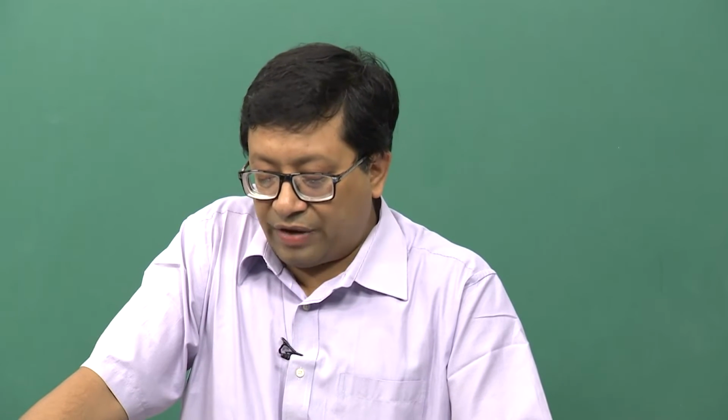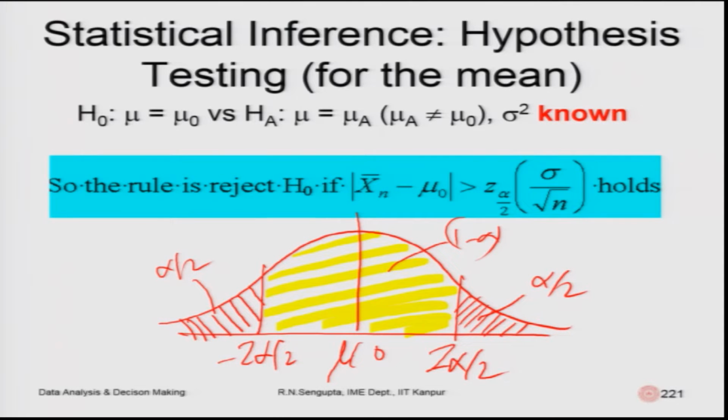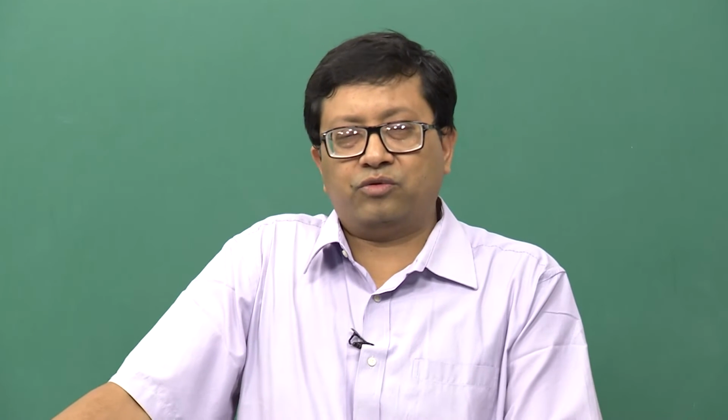The values you have put for z alpha by 2 are such that the area to the right of plus z alpha by 2 is alpha by 2, and considering a symmetric distribution, the area to the left of minus z alpha by 2 is also alpha by 2. So the sum is alpha by 2 plus alpha by 2, which is alpha, and obviously the middle area, which is the level of confidence you have already formulated for the interval estimation, would be 1 minus alpha.